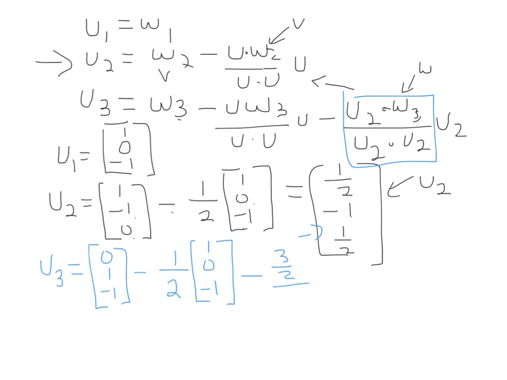And that's over u2 dot u2. So that's this vector, u2 dot u2, so that's going to be 1/2 times 1/2, which is 1/4, plus -1 times -1, which is 1, plus 1/2 times 1/2. So we have 2/4 plus 1, 6/4, or 3/2.